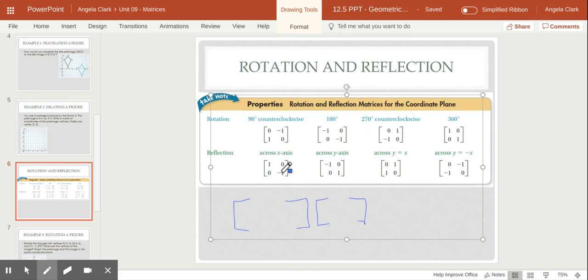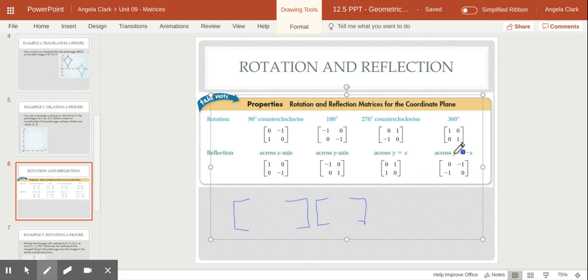For the x-axis reflection, x and y are staying in the same place, but all of the y's are going to change sign. Y-axis reflection, all the x's are going to change sign. If you think about that, that makes perfect sense. A reflection across y equals x is just going to switch x and y, which again makes sense.